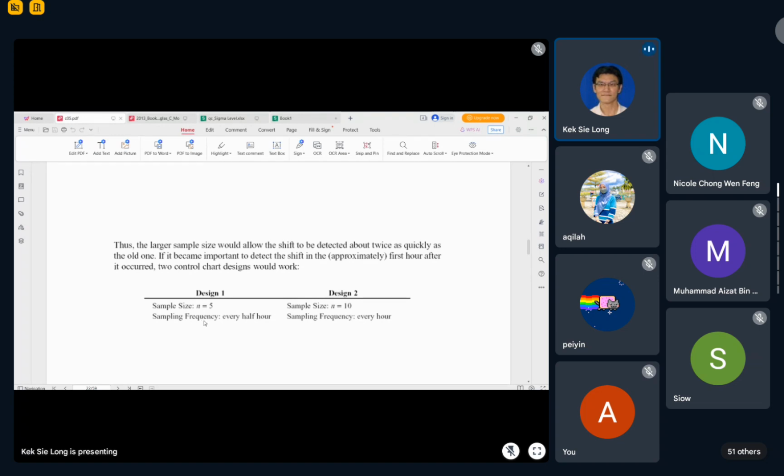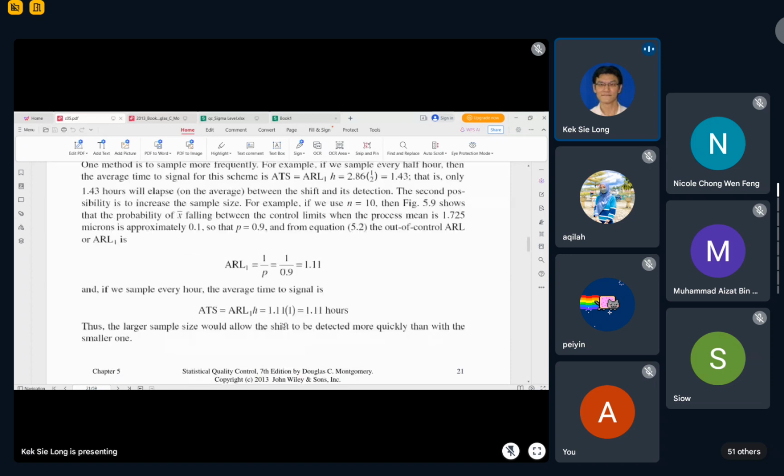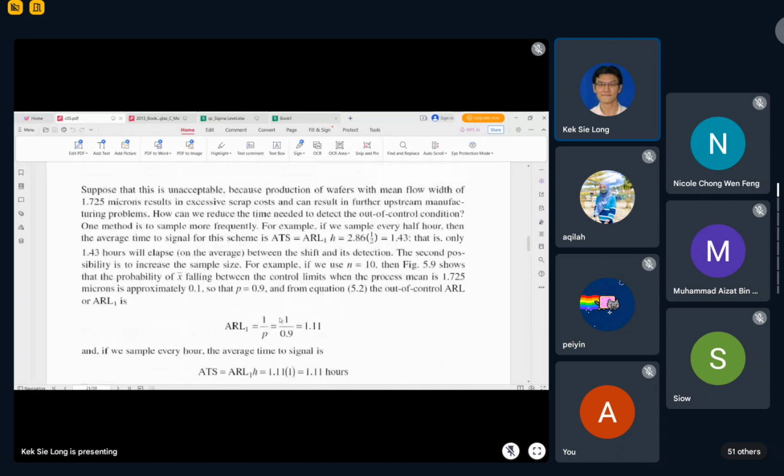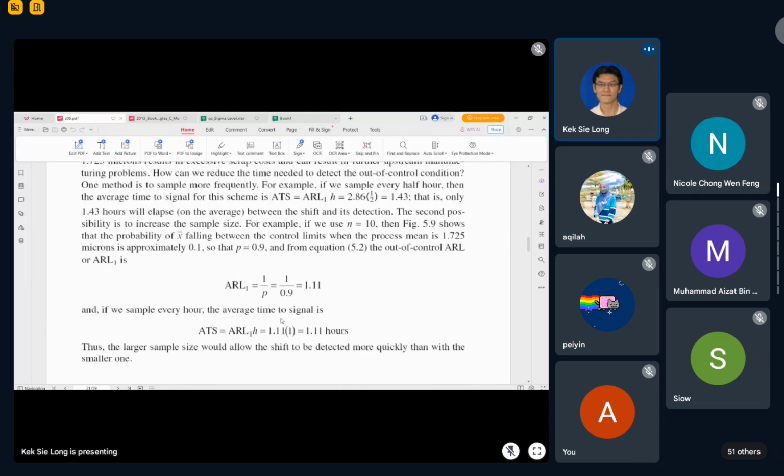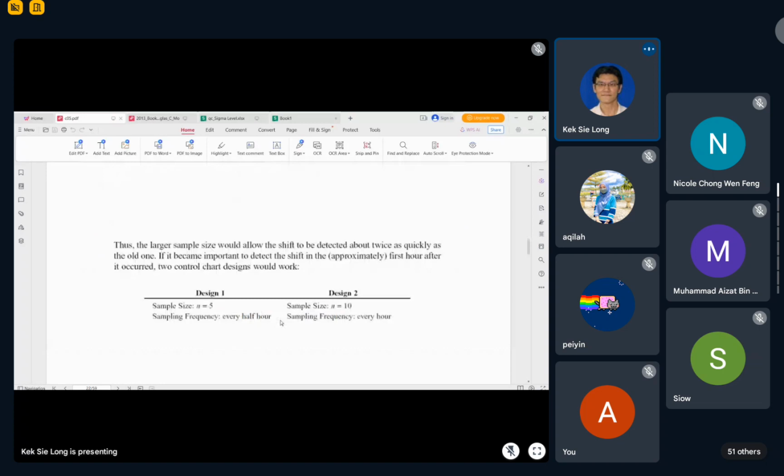Larger sample size, what happened? Or larger sampling frequency, what happened? Actually, the slide already mentioned it, but not very clearly. So I want you to read through and then give your own conclusion, or sum up the statement by referring to design 1 and design 2.